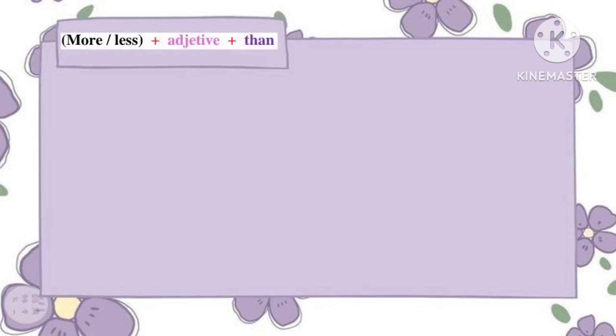For adjectives with two syllables that do not end in y, and adjectives with three or more syllables, the form more or less is added before the adjective and then after the adjective.